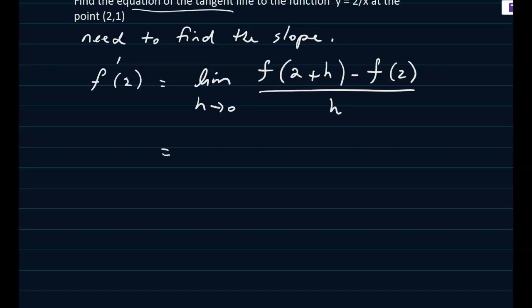So this becomes the limit as h approaches 0, and now we have to use f of 2 plus h. That means your input value is 2 plus h now.